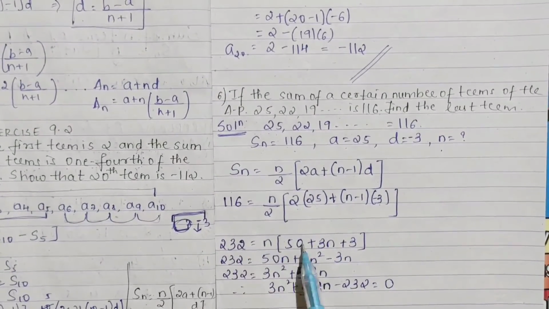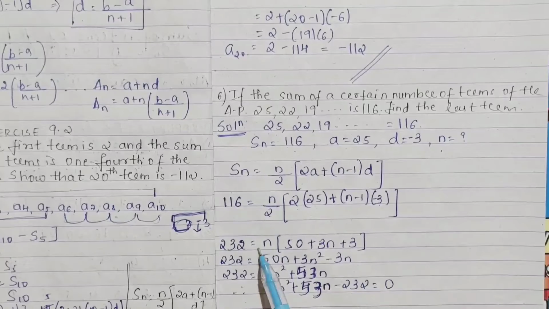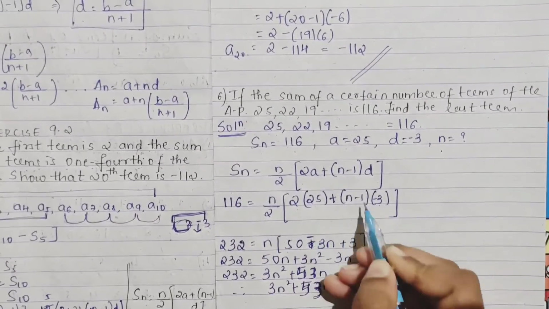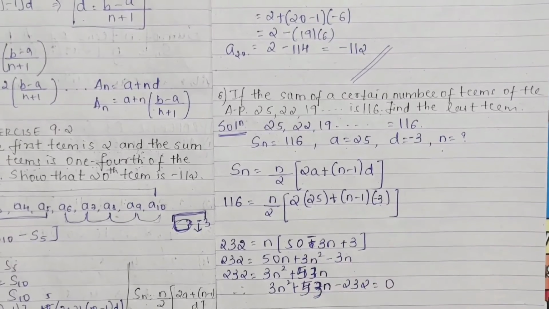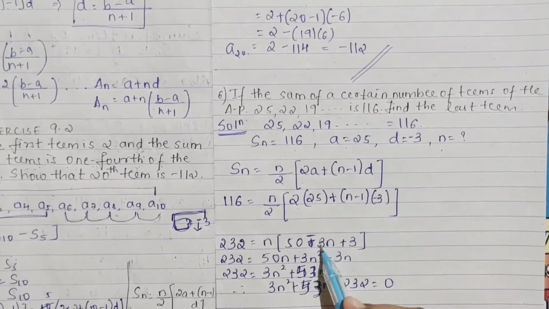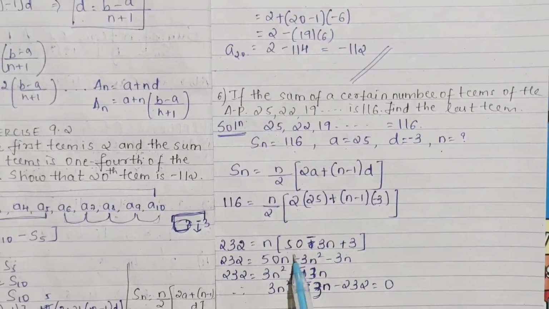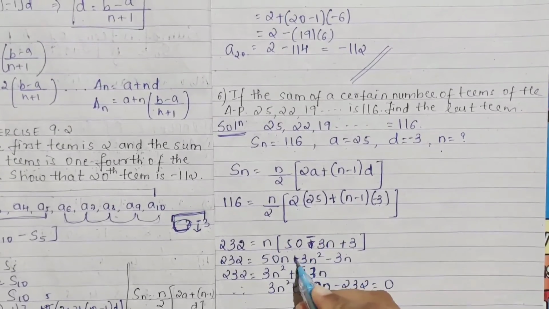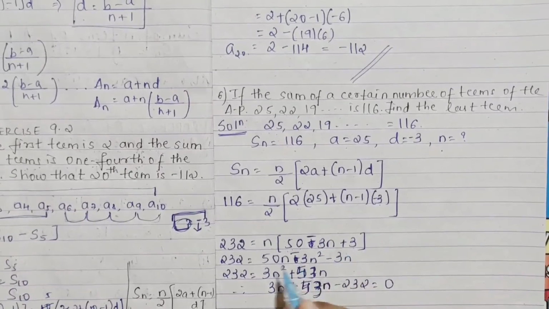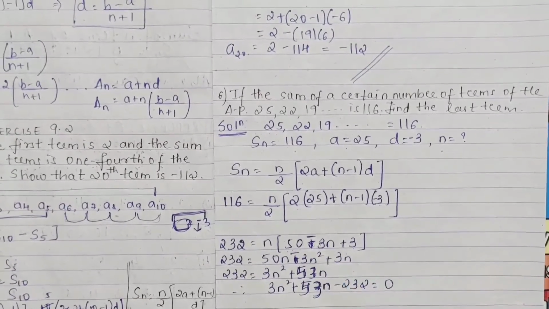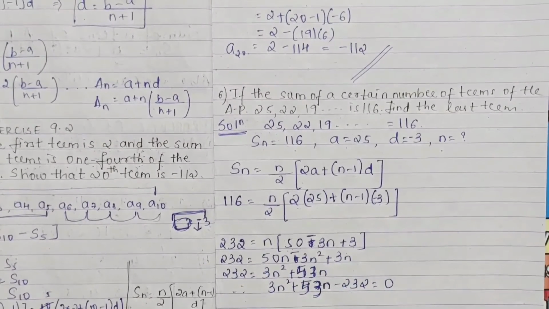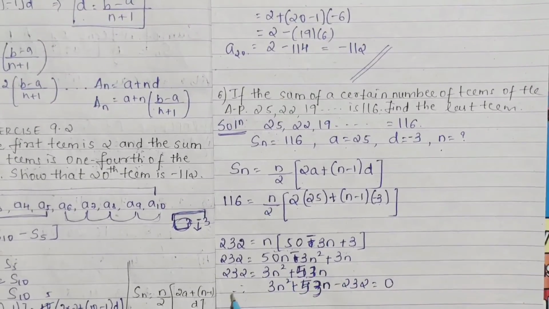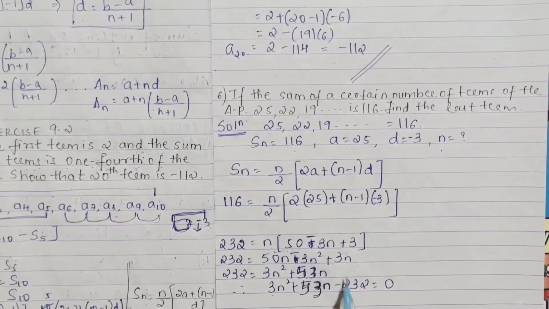So 232, here 2 when I have cross multiplied, you will be having 50, this is minus into minus, this becomes plus, minus 3n is 3n, minus into 1 is plus 3. So open it up, again multiply your n, 50n minus 3n square, and this is plus 3n. So 232, 50n plus 3n is 53n, 3n square plus 53n, take it to the other side.